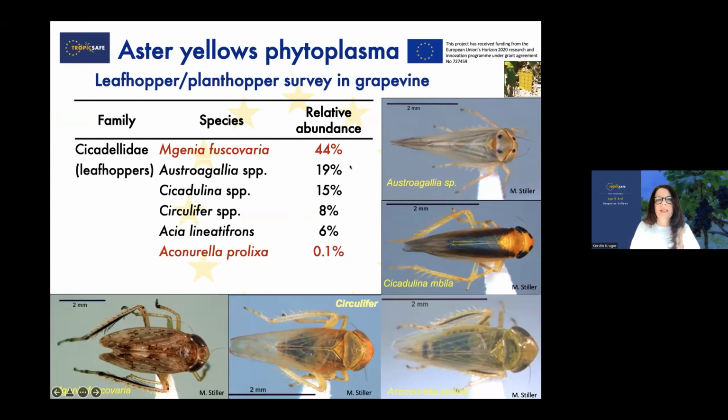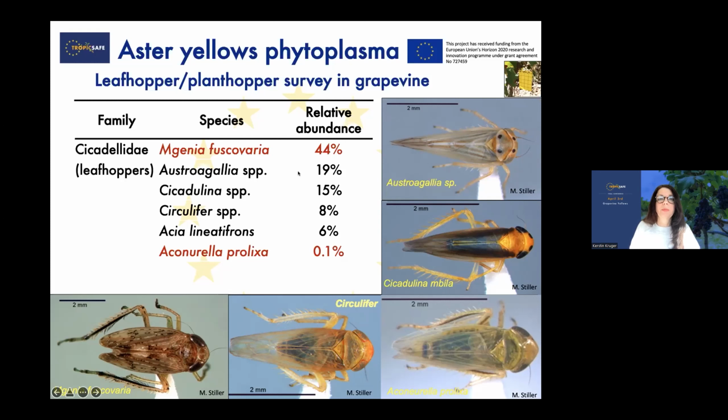The sticky traps were placed in vineyards in Vredendal, which have high Aster Yellows occurrence. Here Mgenia fuscovaria, a vector of Aster Yellows phytoplasma, had the highest abundance with 44%. We looked for leafhoppers and planthoppers, but in the list we only have leafhoppers because the planthoppers only occurred in low numbers.